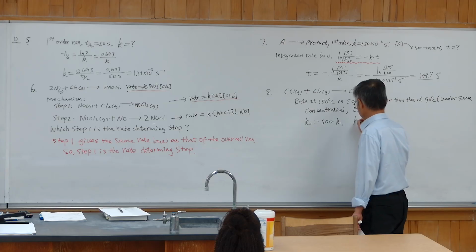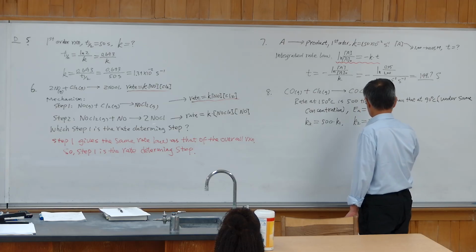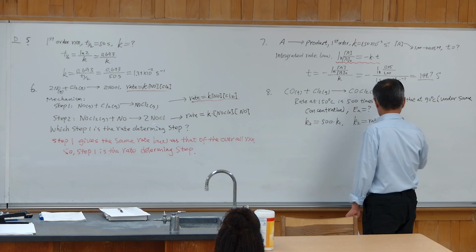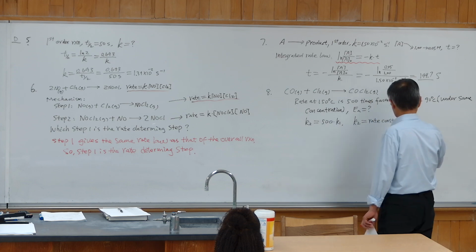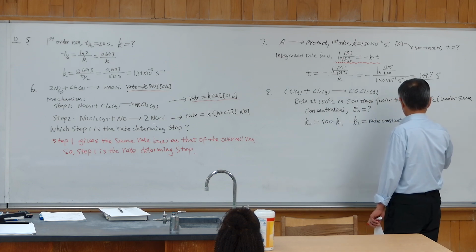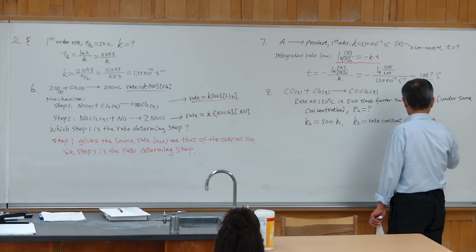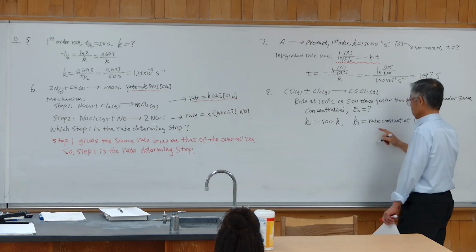Okay, so K2 is the rate constant at 150, which is T2, right? For K2 you use T2.